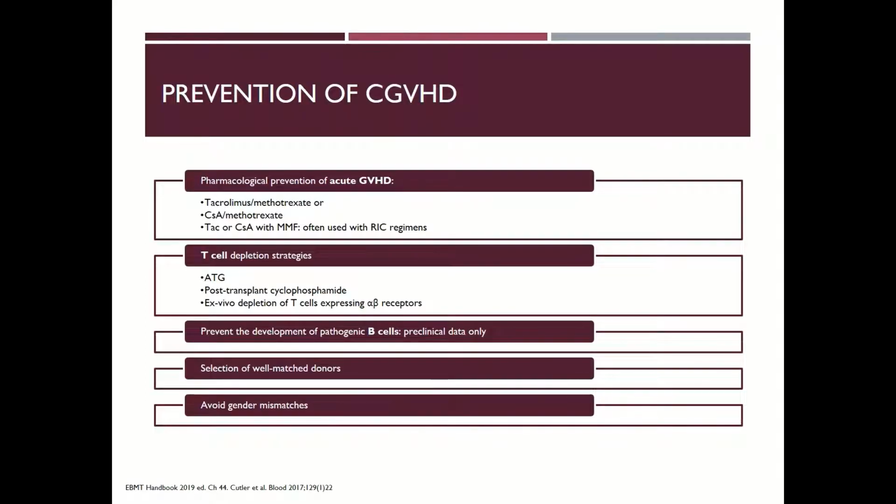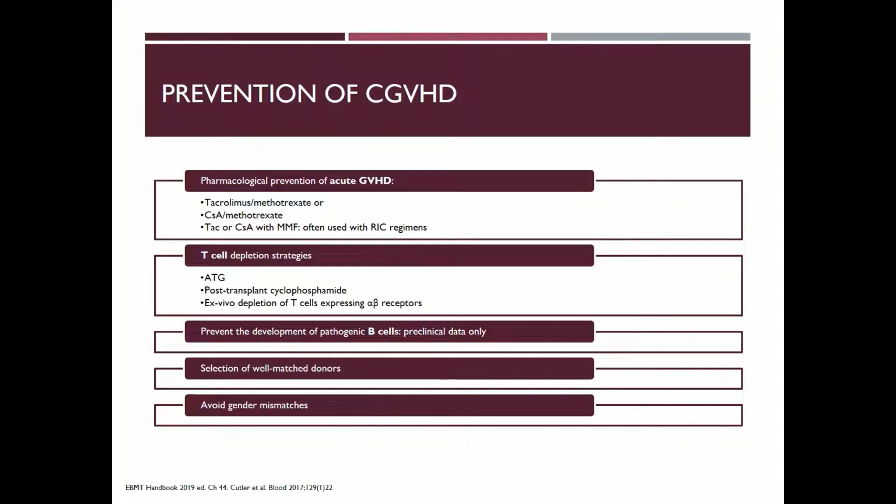If we were able to successfully prevent chronic graft-versus-host disease, we wouldn't have to talk about this disease, but we are not able to do so. However, we do have some strategies that will lower the rates of chronic GvHD after transplant. The first, and the most important, is the pharmacological prevention of acute graft-versus-host disease.